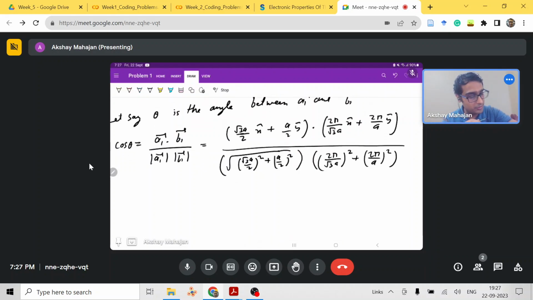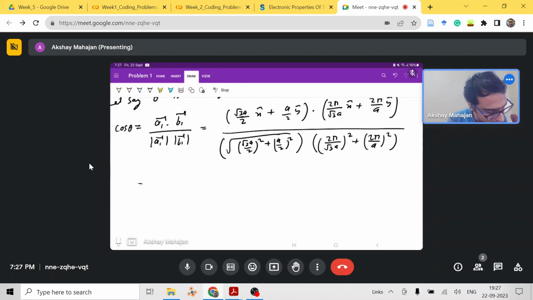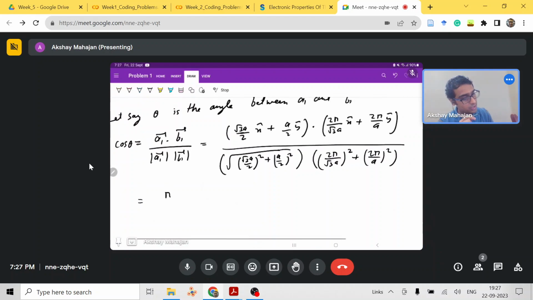So this is how we calculate the angle, taking the dot product divided by the magnitudes. Now if you take the dot product, x dot x we know will be equals to 1, while the x dot y terms will be 0, so I will not write the x dot y terms.